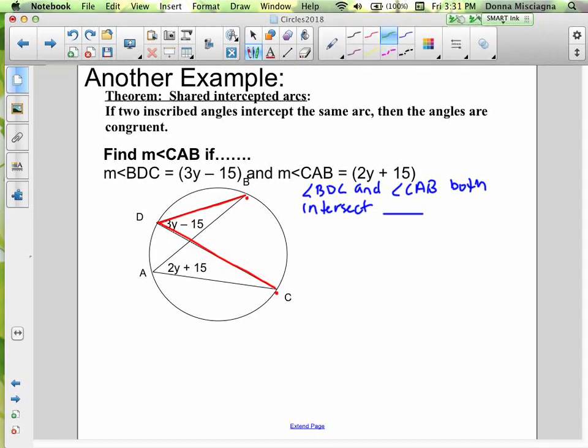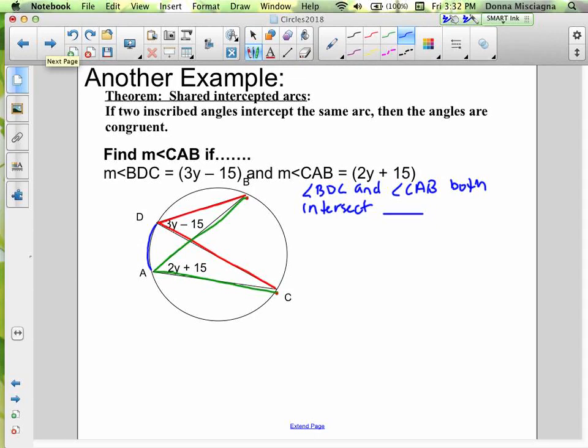Here is angle CAB. Notice that it intercepts the same arc. Now there are two other angles, by the way, that intercept this arc, angle DBA and angle DCA.